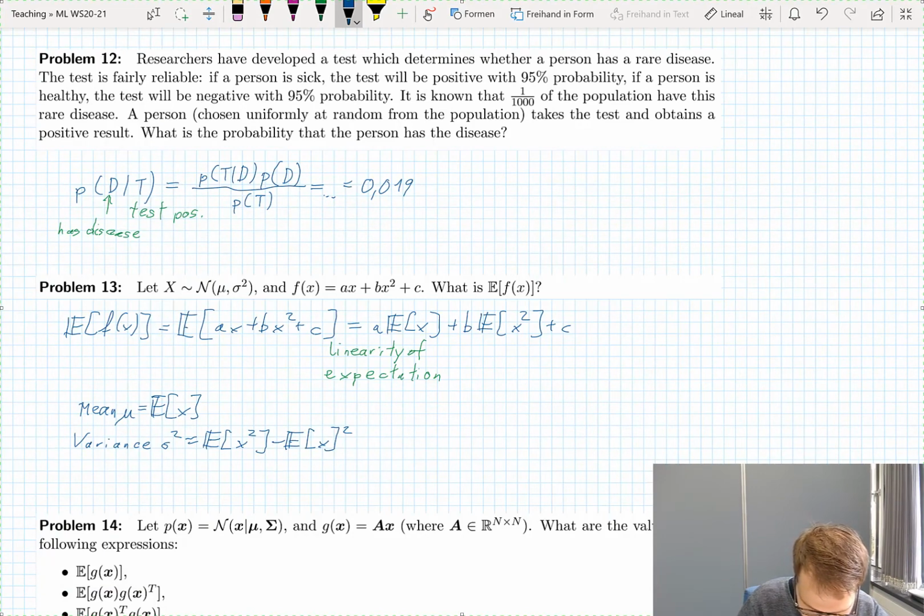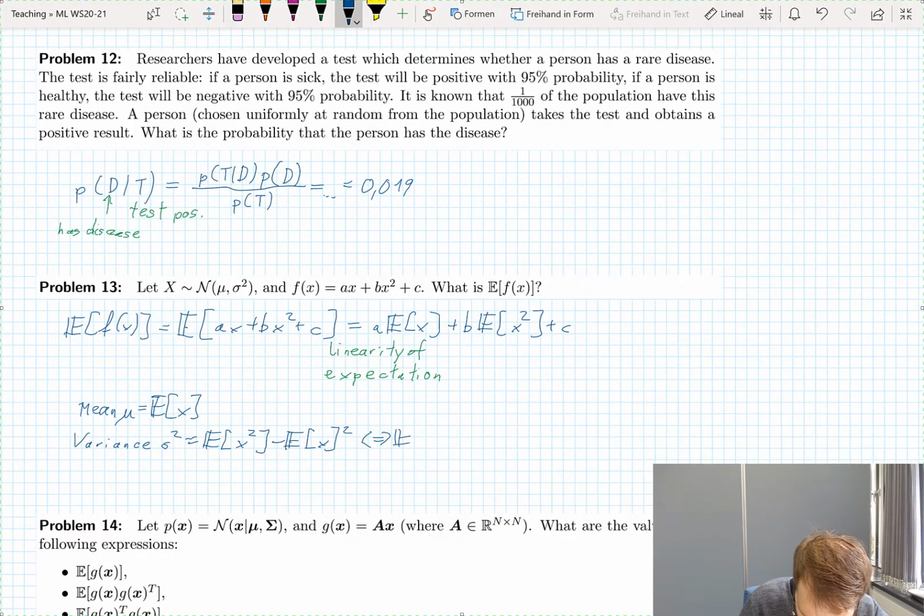Okay? So by knowing this, we also know that if we have E of x squared, this is equal to sigma squared plus E of x squared, which is sigma squared plus the mean squared. Right?